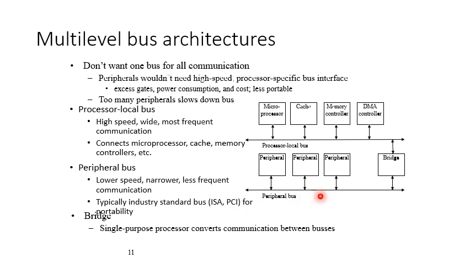So the architecture of this peripheral bus is ISA. The bridge is basically a single purpose processor that converts communication between buses. It converts processor local bus communication into peripheral bus communication, and also peripheral bus communication into processor local bus communication. So this is the multi-level bus architecture. Thank you very much. That was about today's lecture.